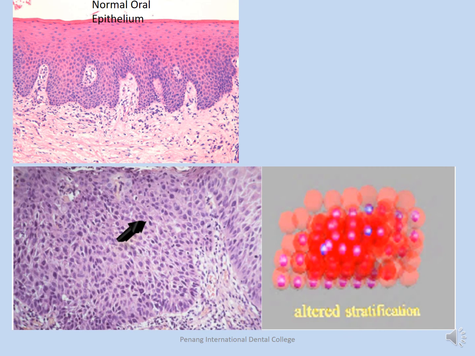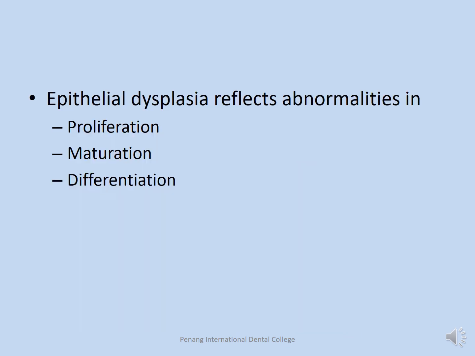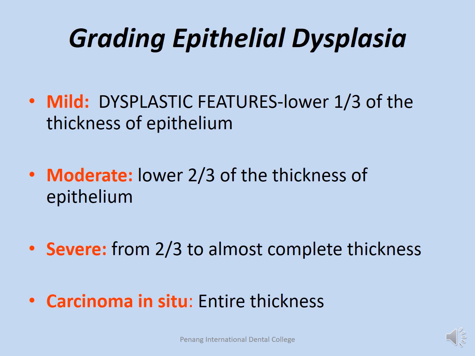That means this part of the epithelium has a higher chance now of going into malignancy. So epithelial dysplasia reflects abnormality in proliferation, in maturation, and in differentiation, right? So epithelial dysplasia reflects these three abnormalities.